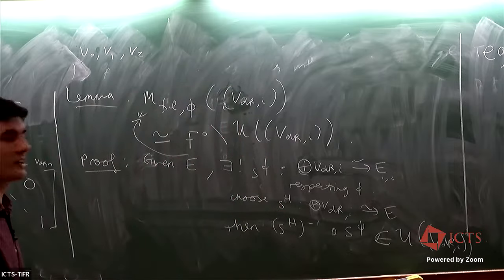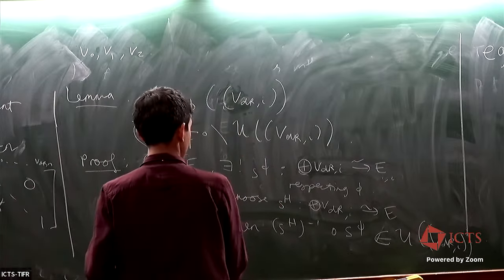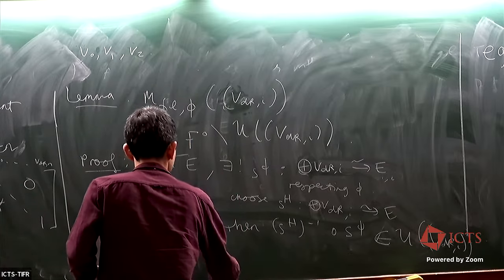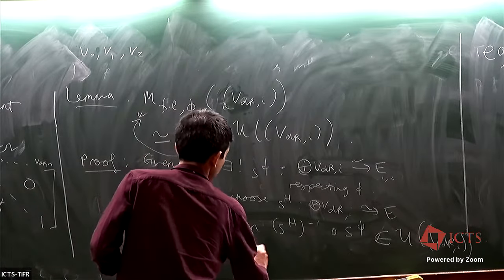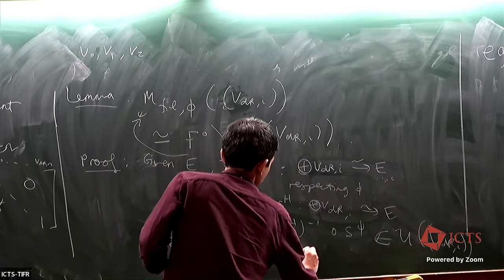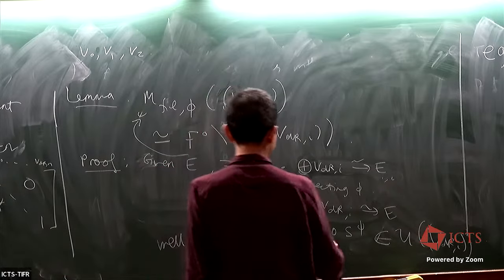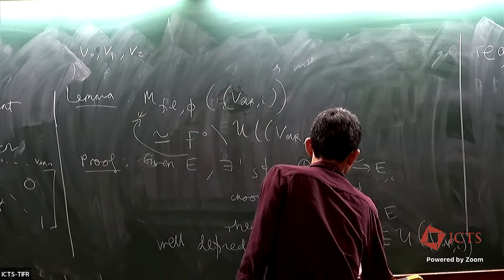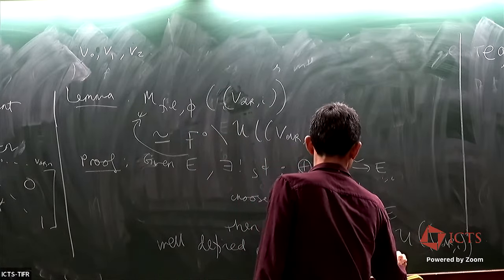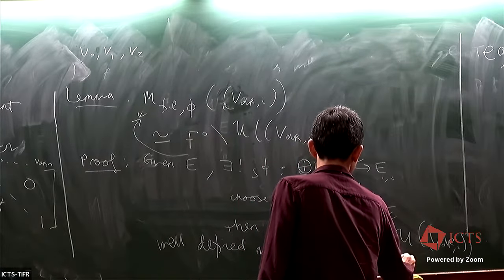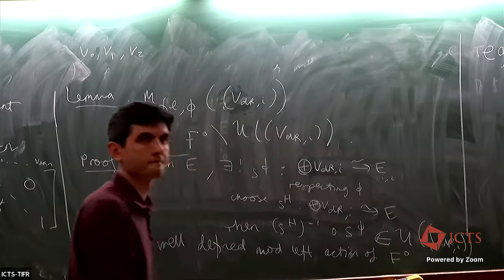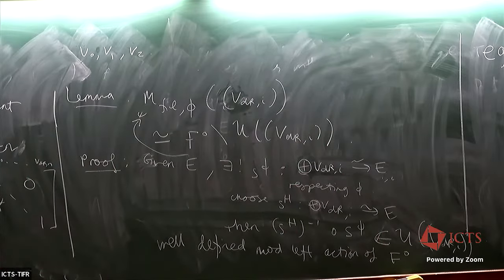But if we change S_H, then this will just change that element by the left action of F naught. And that's what gives this classification.